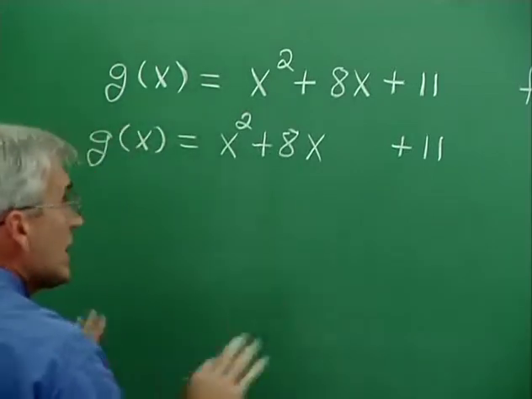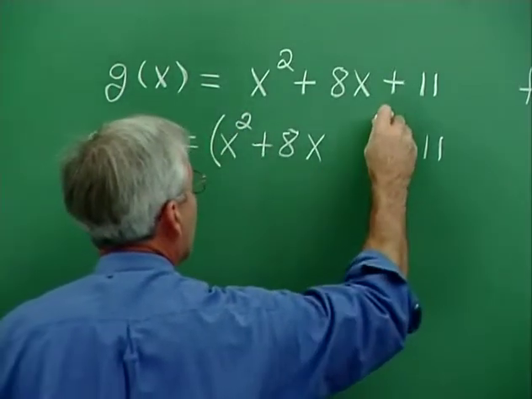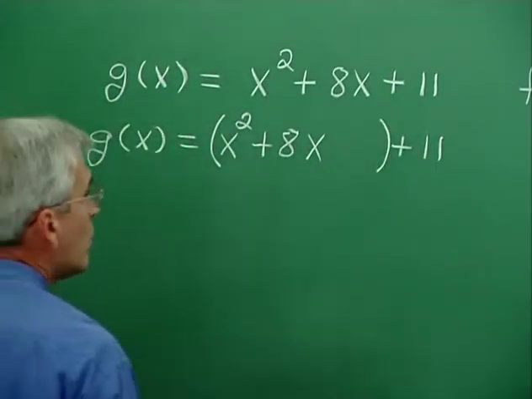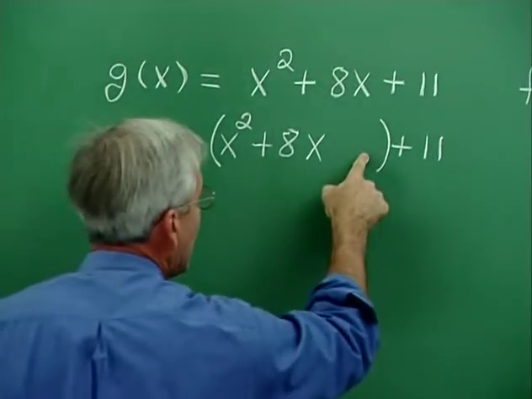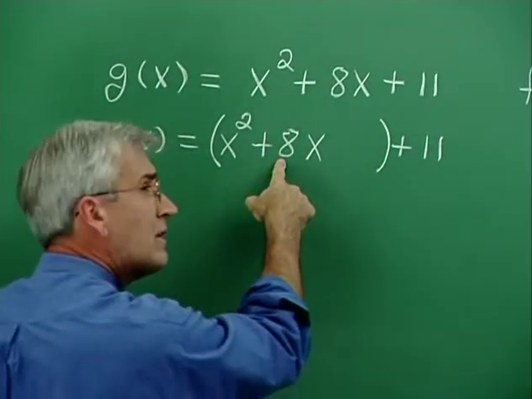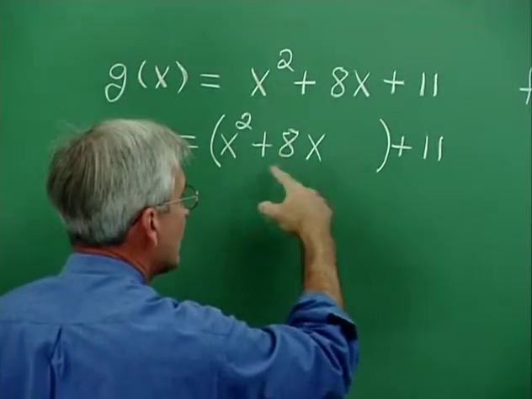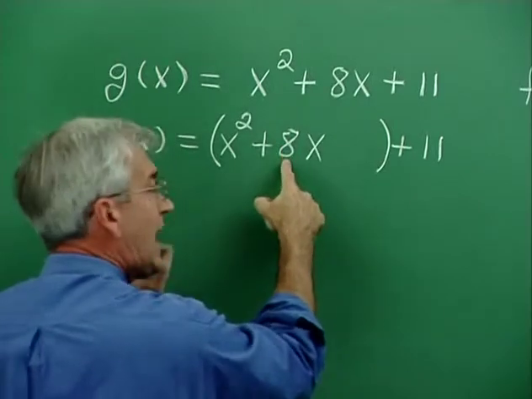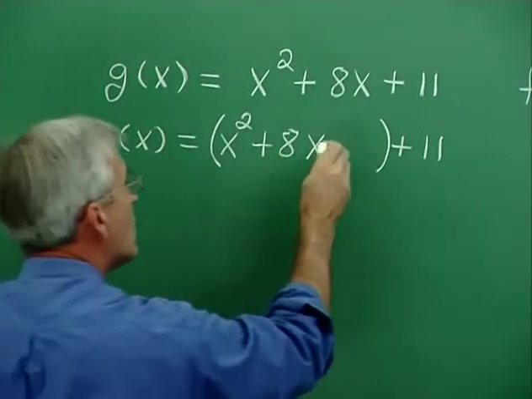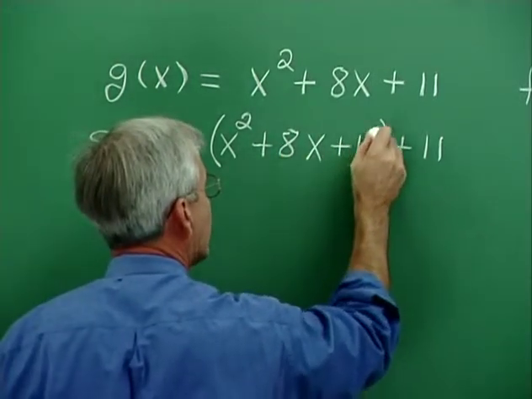Just move that over. And here's how we're thinking about it. You see, like this. And we want to reinvent the constant that goes here. Well, we identify that constant as half of the coefficient of this term, squared. Now, the coefficient in this term is 8. Half of 8 is 4. 4 squared is 16. So we'll add 16 here.